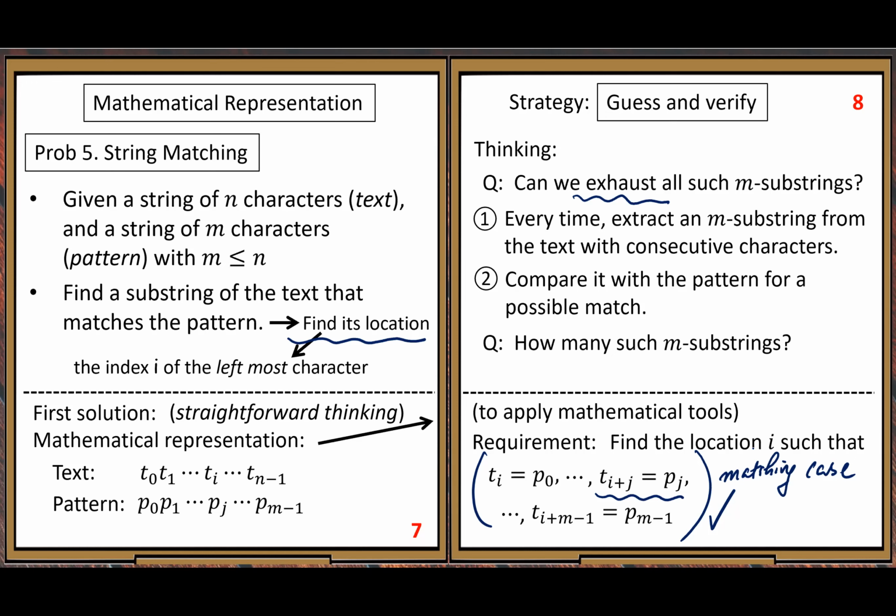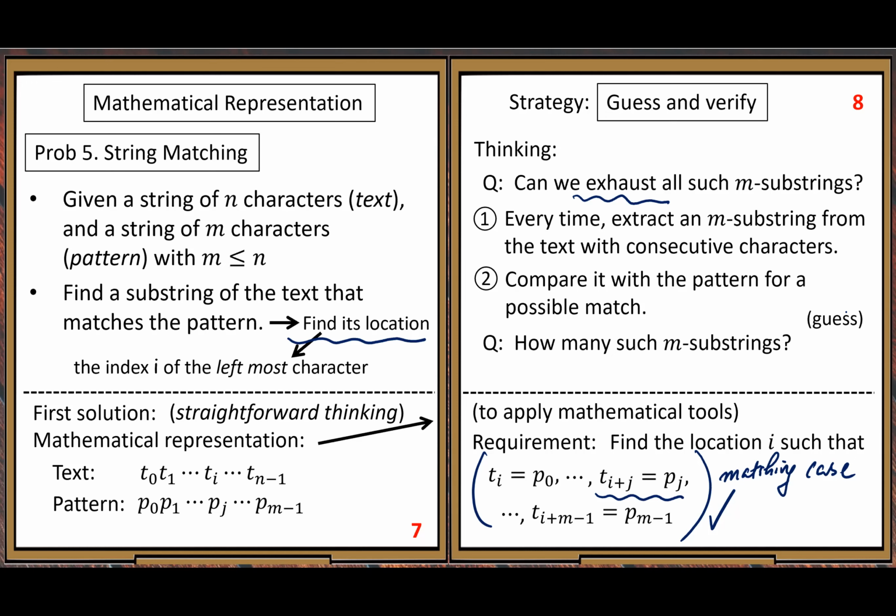Things like this are pretty easy, but I'd like to introduce some useful method for you to find the answer. Before we apply that method, because of the guess and verify strategy, how many M substrings?